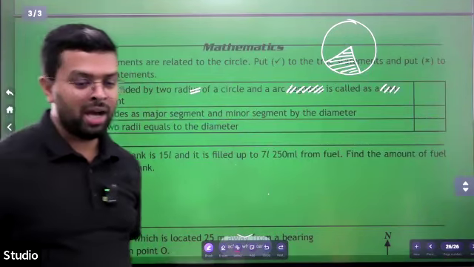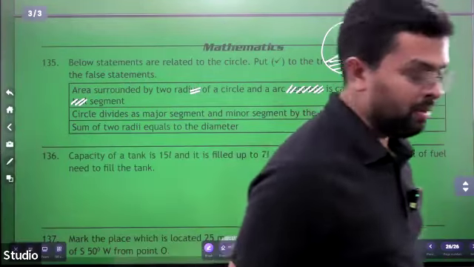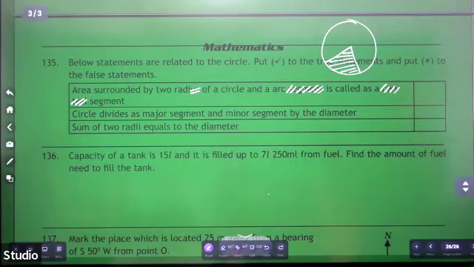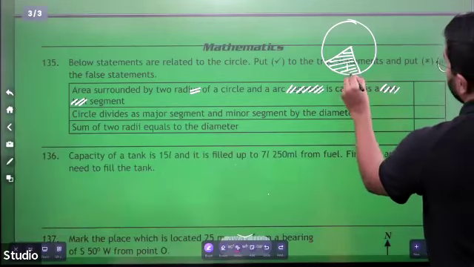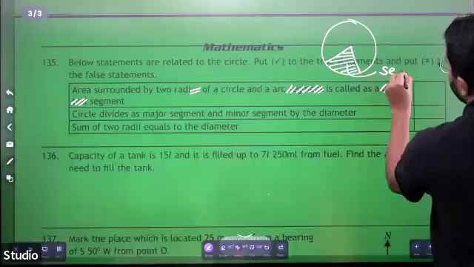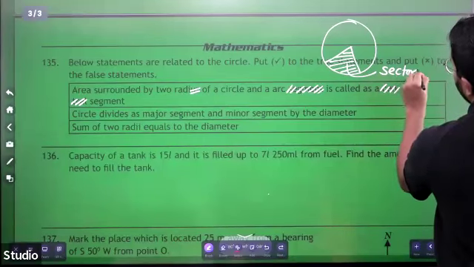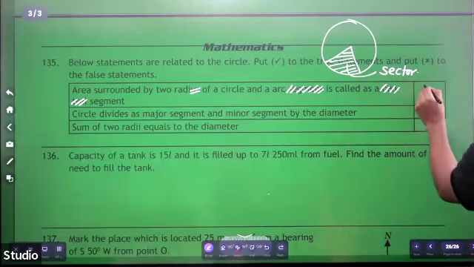Is this a segment or a sector? Children, correct or wrong? What do we call this? A piece like this we call a sector, right? This is a sector. So this statement is wrong.